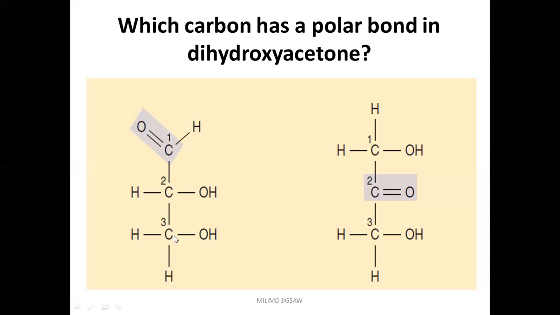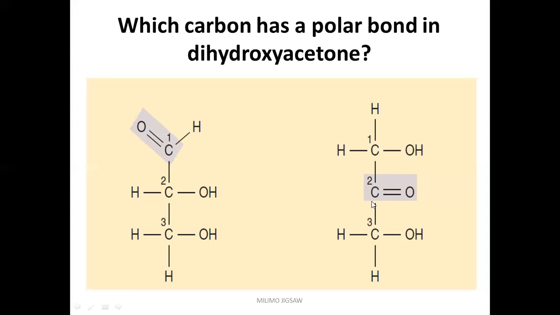So which carbon has a polar bond in dihydroxyacetone? It's either carbon 1, carbon 2, or carbon 3. The answer is carbon 2.